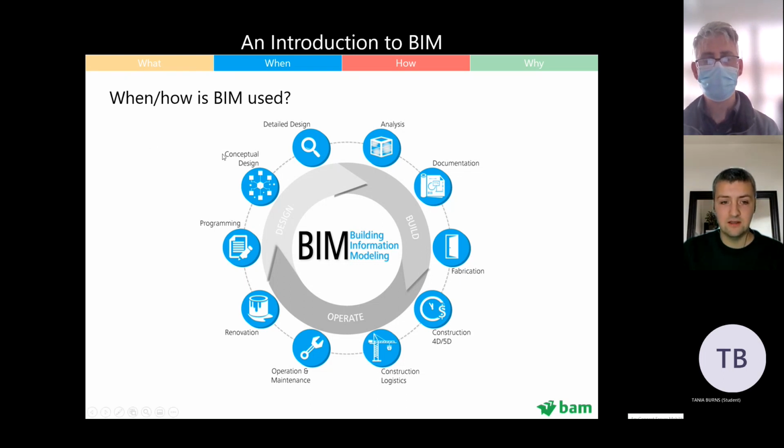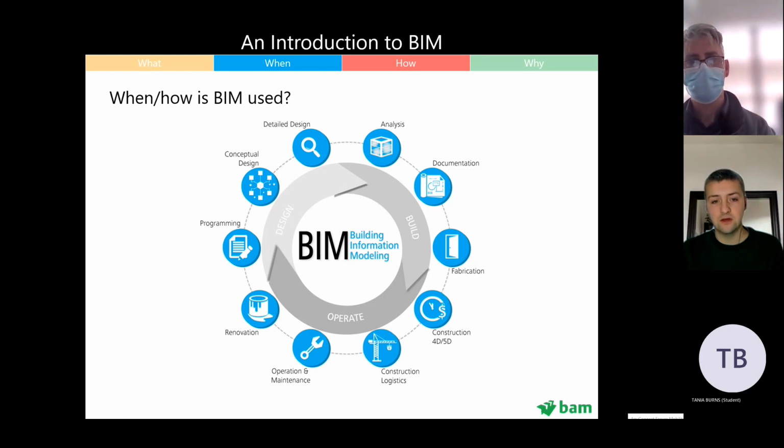So that conceptual design stage, this is when you're almost testing different ideas, trying to get an idea of what kind of building you want. Obviously doing that in 3D is far better for the client, because they're actually seeing a visual representation of what they're going to get.